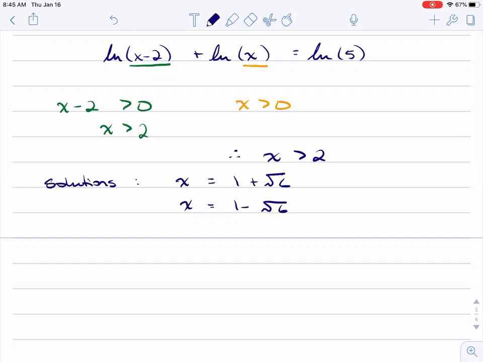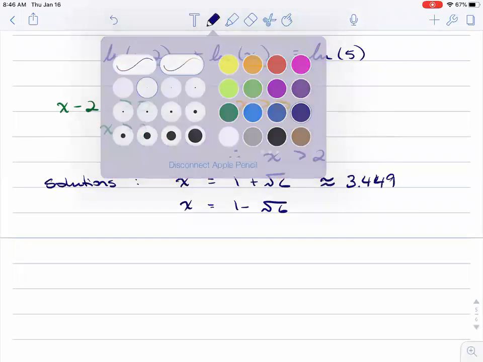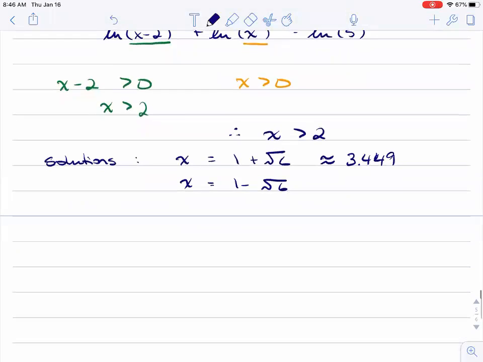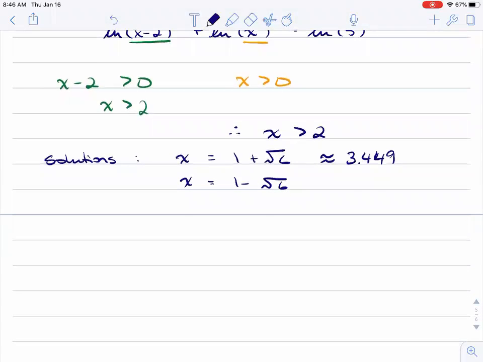So here, I've got a page break, so I am going to go across the page here, but this is approximately 3.449. I'll use this color. This is a solution.